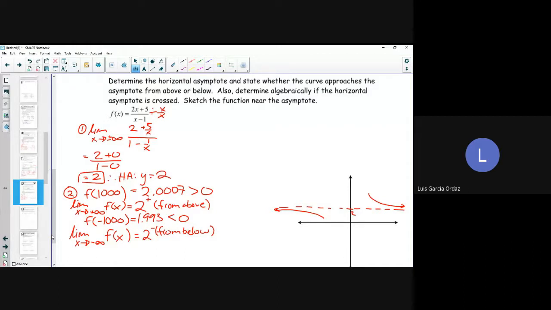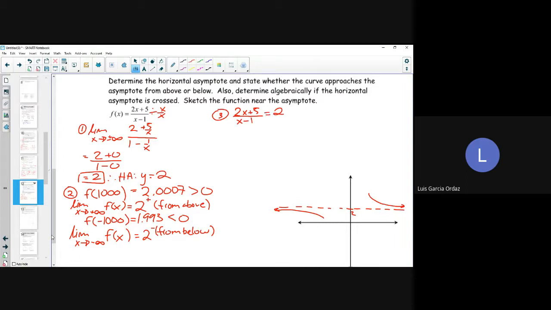Now, for number 3, I need to check if my horizontal asymptote gets crossed. So I need to set my function equal to my horizontal asymptote, which is 2. I get 2x plus 5 over x minus 1 is equal to 2.